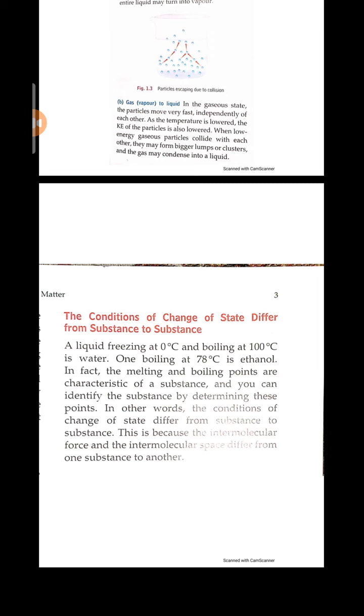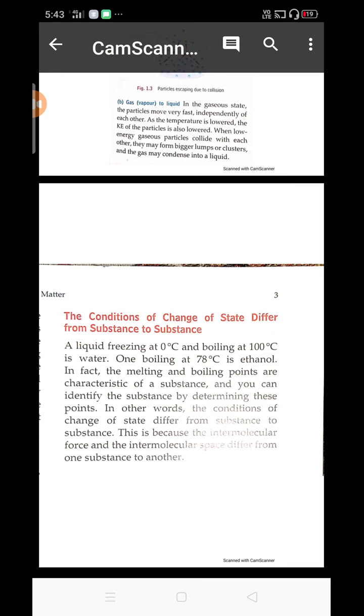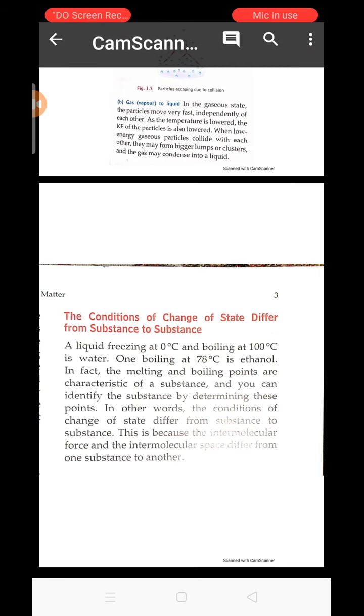This is because the intermolecular force and the intermolecular space differ from one substance to another, and they are not constant.